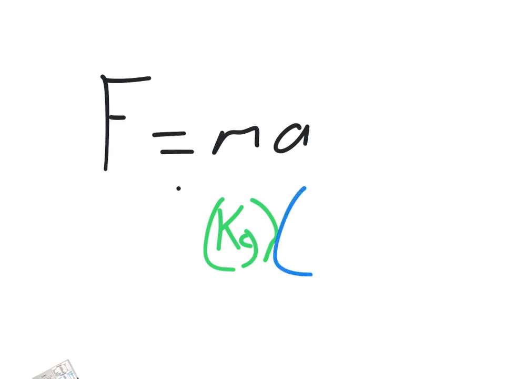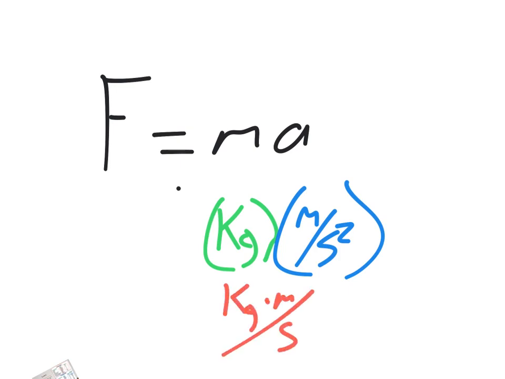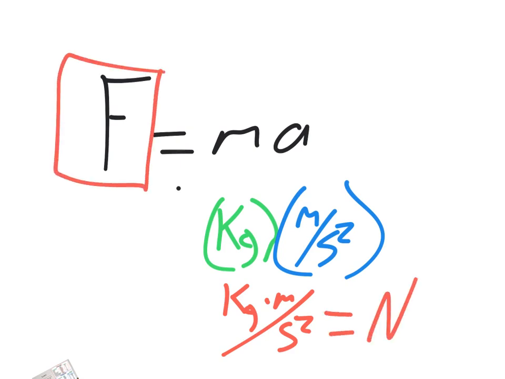My acceleration units are going to be meters per second squared. And so if I multiply those two units together, I'm going to get a new unit that would be kilograms times meters divided by seconds squared. But instead of having to write all of that out, we just say that force is really a derived unit that is equal to newtons.